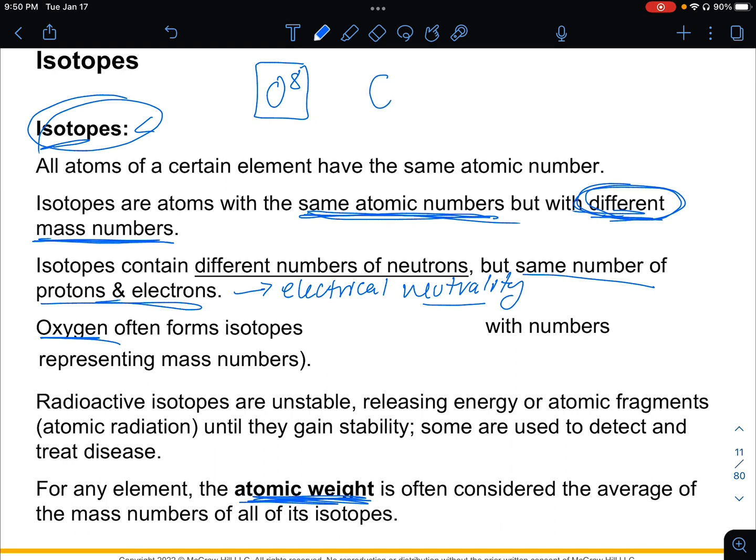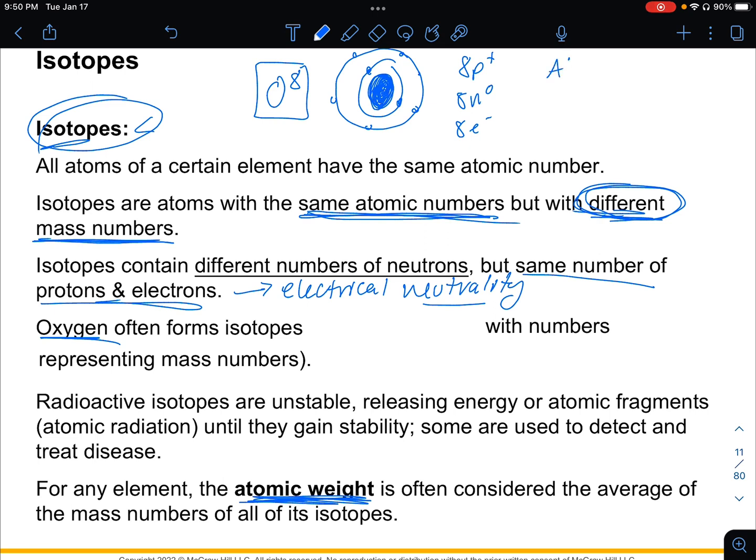So I'm not drawing all of them individually, but let's say there are 8. So we have 8 protons, 8 neutrons, and 8 electrons. This is an electrically neutral atom of oxygen.